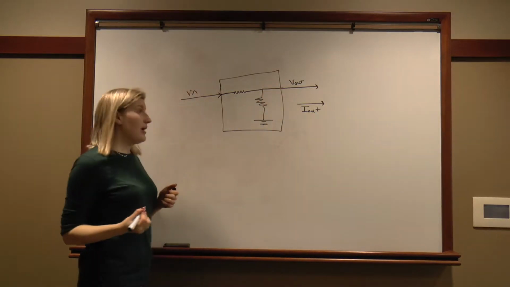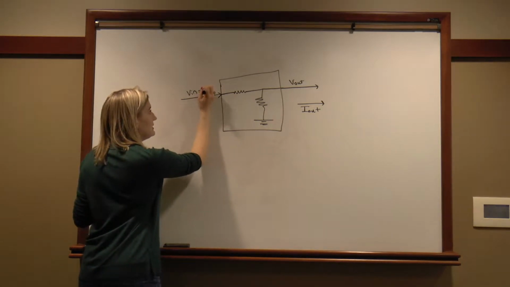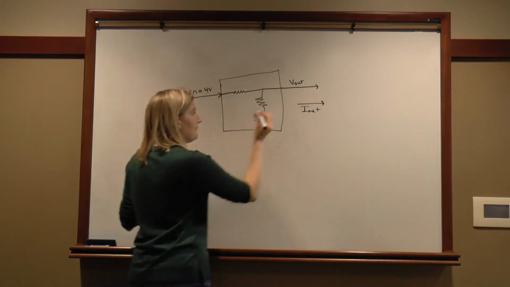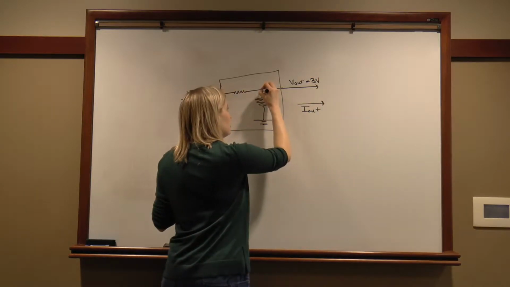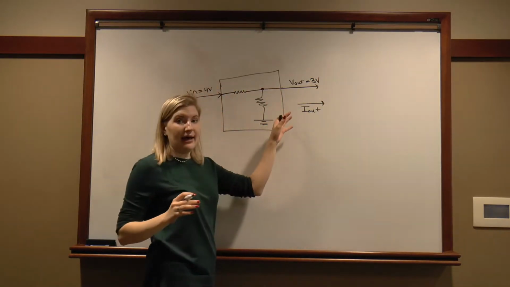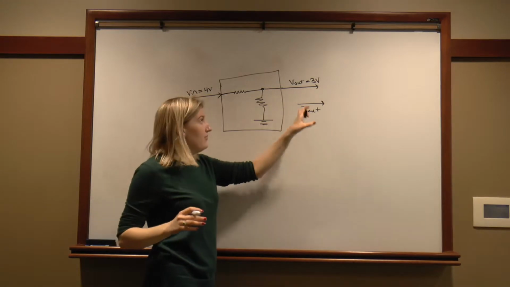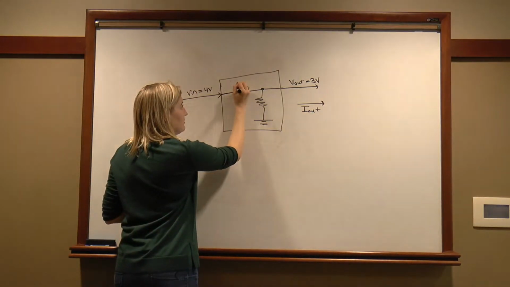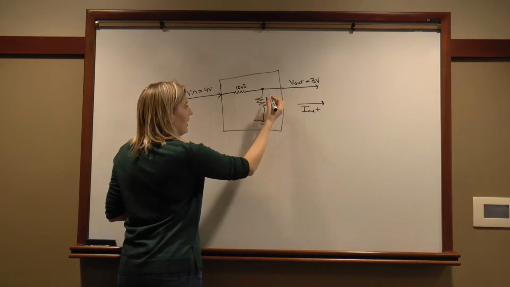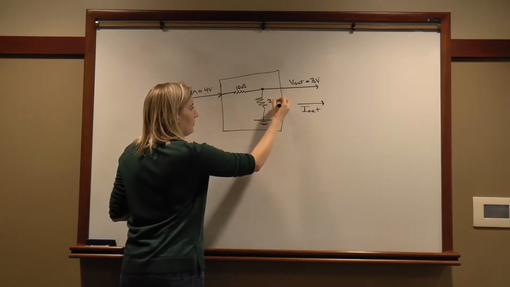Let's say that we wanted a V in of 4 volts and we wanted a V out of 3 volts. We could accomplish this, assuming that there's no current being drawn from the load or from V out, with a resistor here of 10 ohm and a resistor here of 30 ohm.